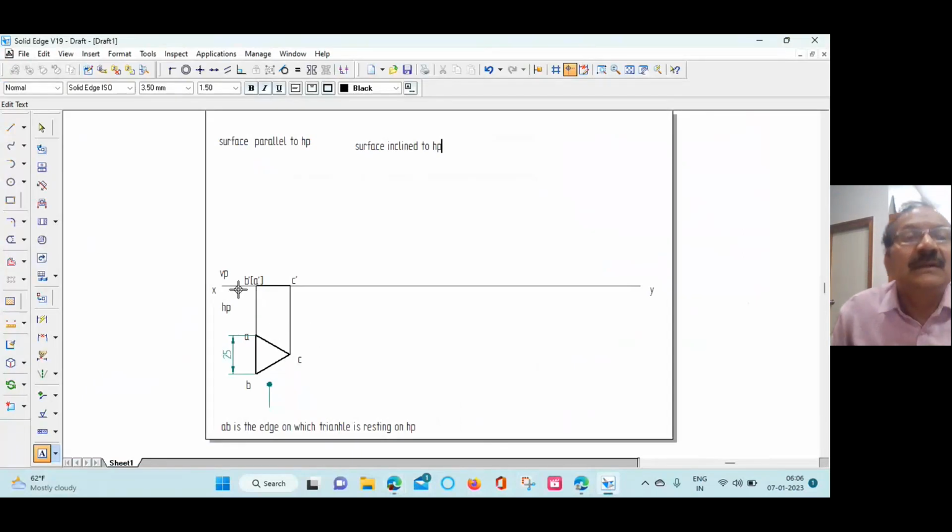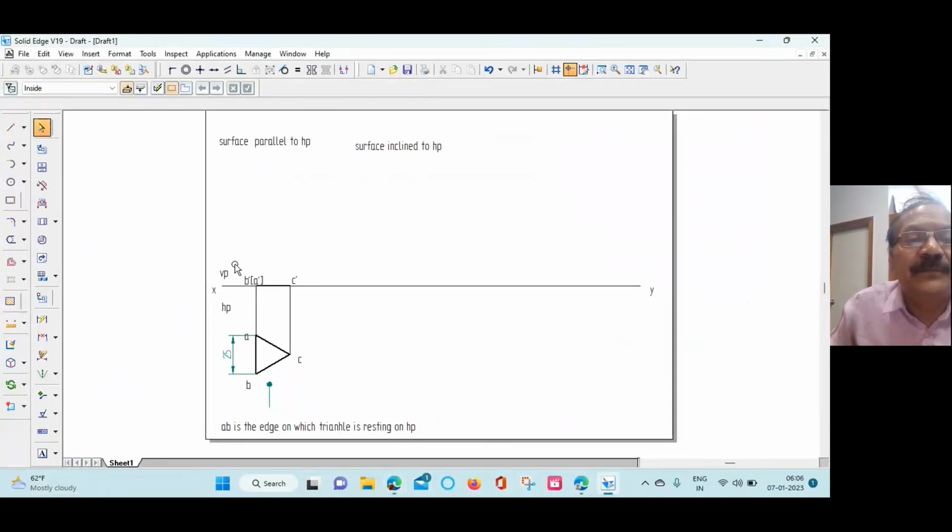So what we'll do? Select this line. Move, then rotate.